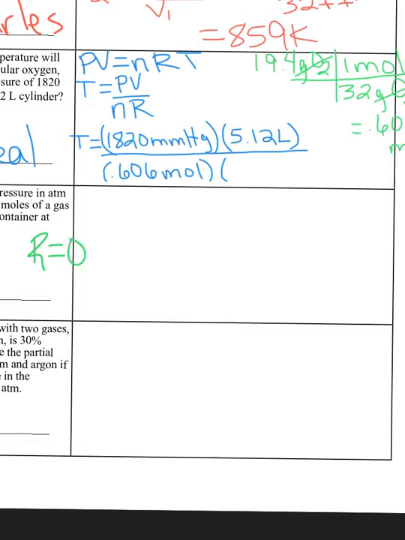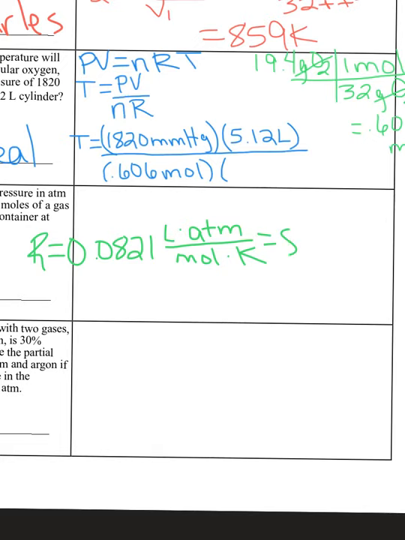It gives us one that says 0.0821, and then the unit, liters times atmospheres over moles times Kelvin. Okay, it gives us that one.